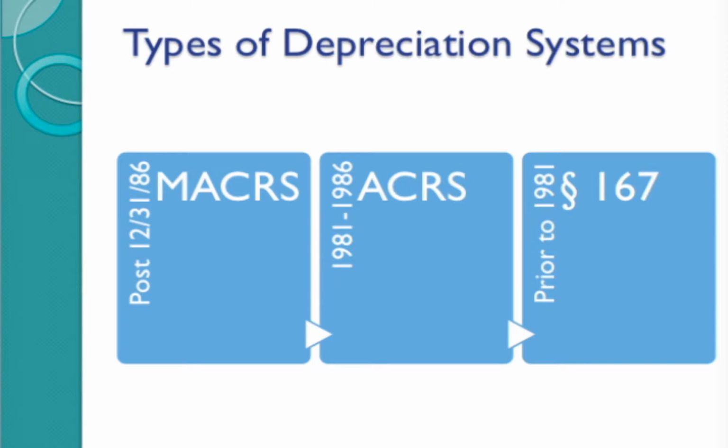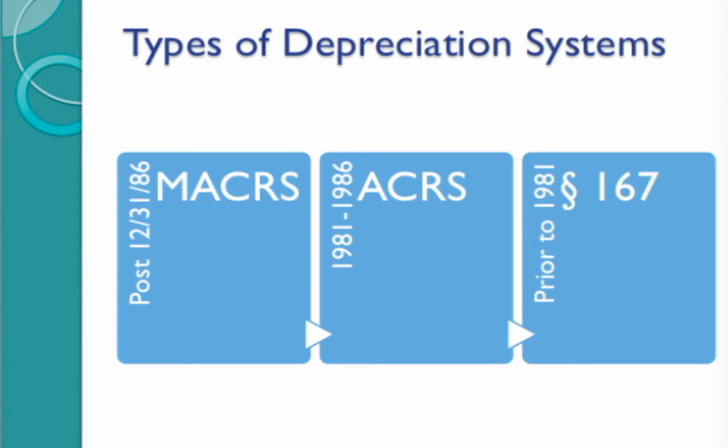So, based on when a piece of property was placed into service, we're going to use one of these different methods of accounting. So we've got MACRS, ACRS, and Section 167, where Section 167 basically follows the financial accounting rules.